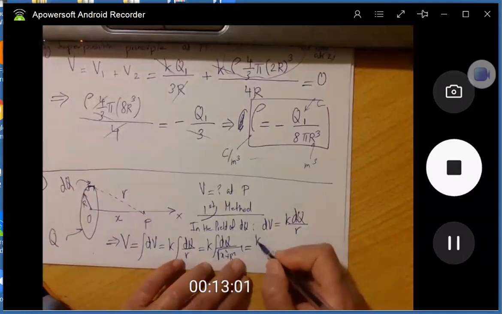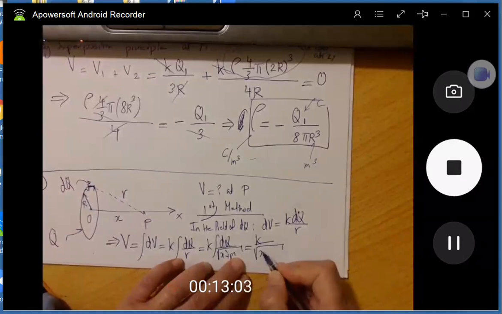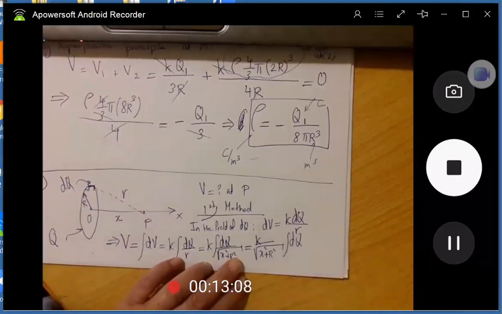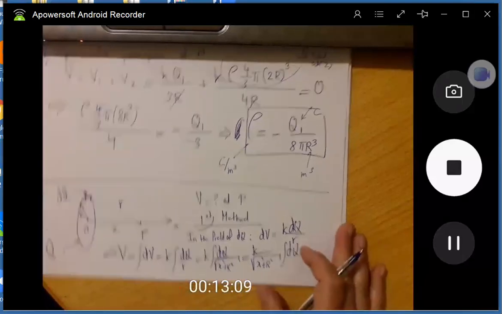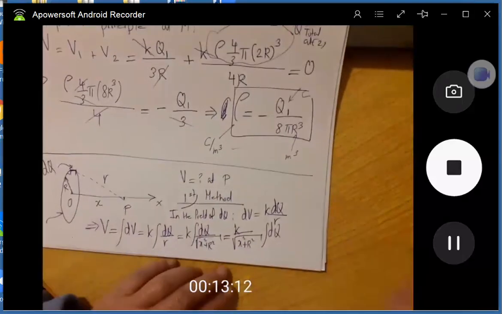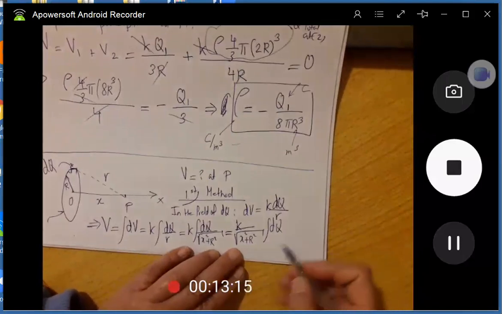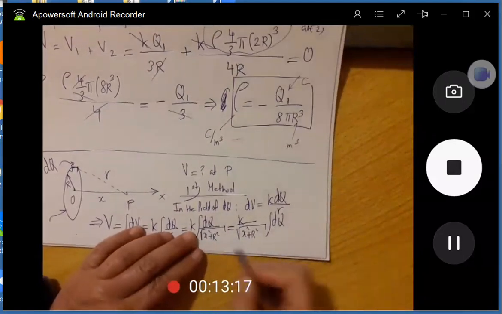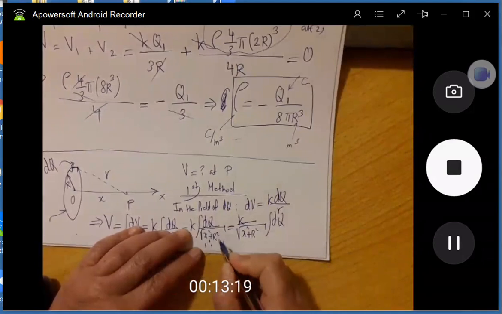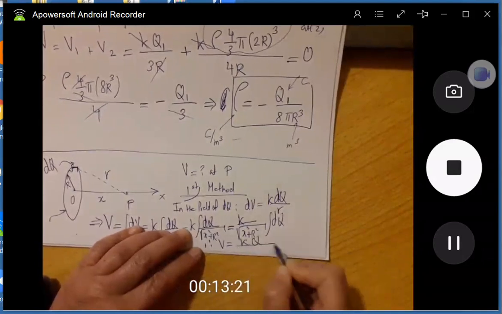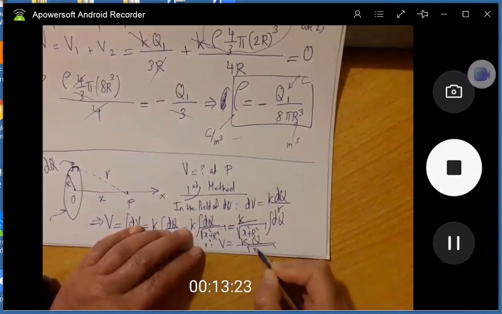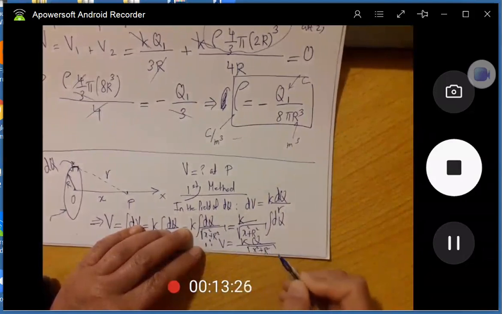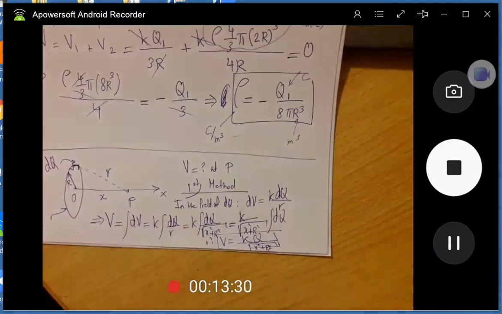So it's K over radical x square plus R square, integral dq. So what's the answer, ladies and gentlemen? Integral dq is Q. Therefore V is KQ over radical x square plus R square. This is the answer for this problem, and the problem is done.